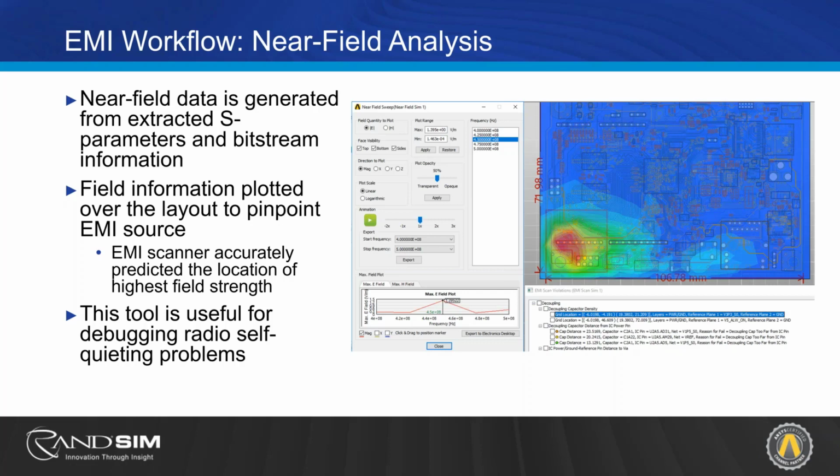And so the way that SIwave and HFSS will do that is you'll first generate the near field analysis within SIwave, and then you can export that near field data into HFSS. And then within HFSS, you then draw or bring in your 3D model of your shield onto your PCB. And using the near field data from SIwave, you don't need to recompute the near fields in HFSS.